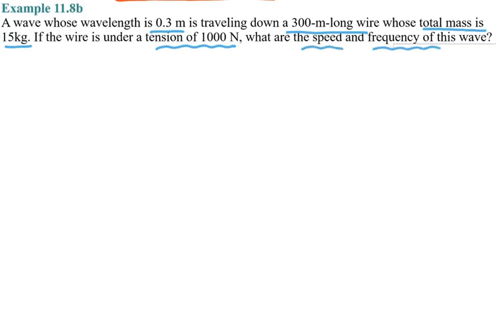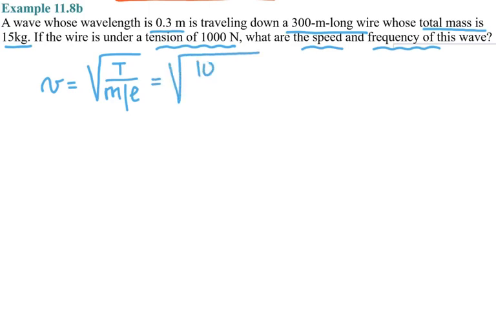So we need the speed and the frequency. To find the speed, the velocity is equal to the square root of the tension divided by the mass per length. I have the tension, which is 1000 newtons, and the mass is 15 kilograms, and the length is 300 meters.